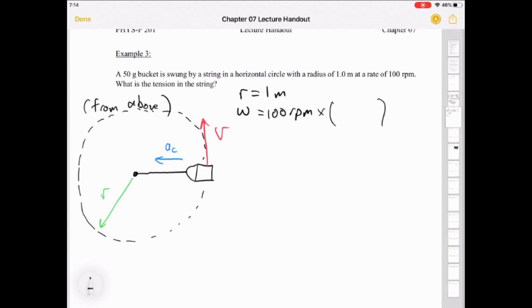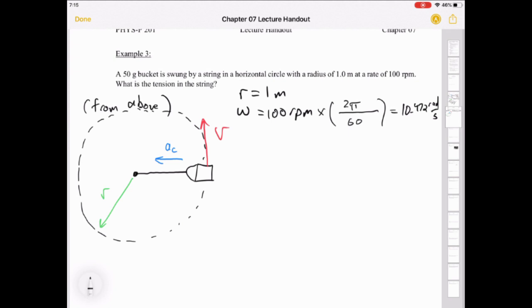So let's multiply by 2 pi to get it in radians and divide by 60 to get it in per seconds. So that turns out to be 10.472 radians per second. Okay. So the question is, what is the tension in the string?